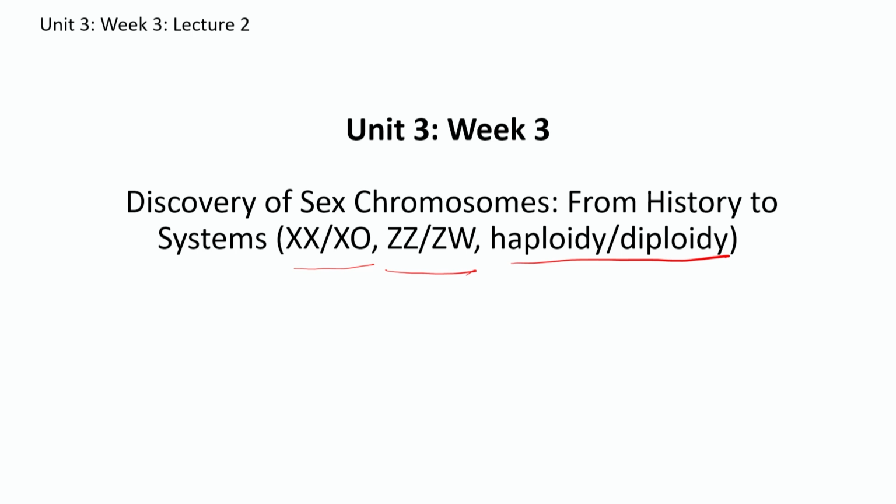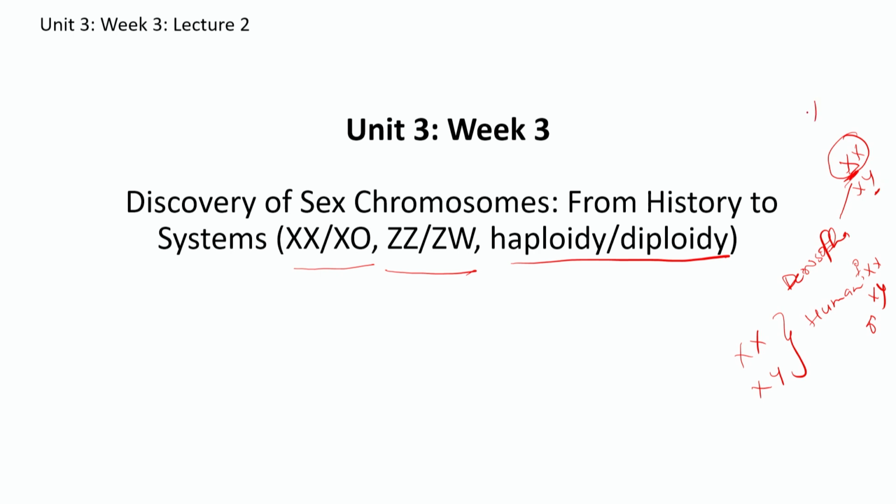In the last class, we discussed how the XX and XY system determines sex in Drosophila and human, right. I also told you that in case of Drosophila, XX is a female, XY is a male. Same is true for human. XX is a female and XY is a male, right. But I told you one important thing, that the X chromosome is much more important in Drosophila compared to the Y chromosome, right.